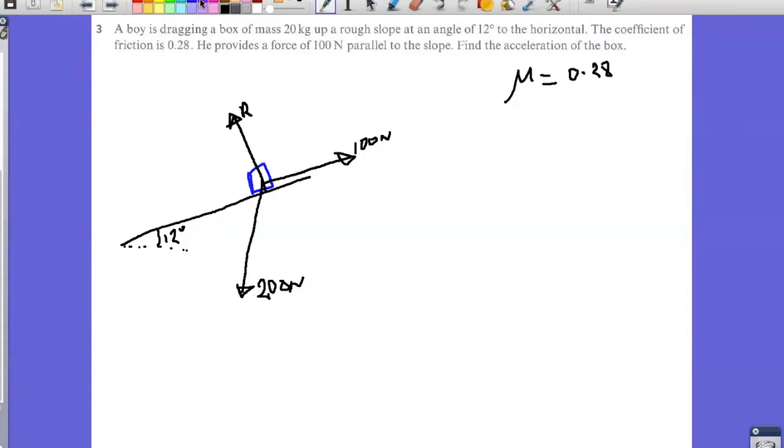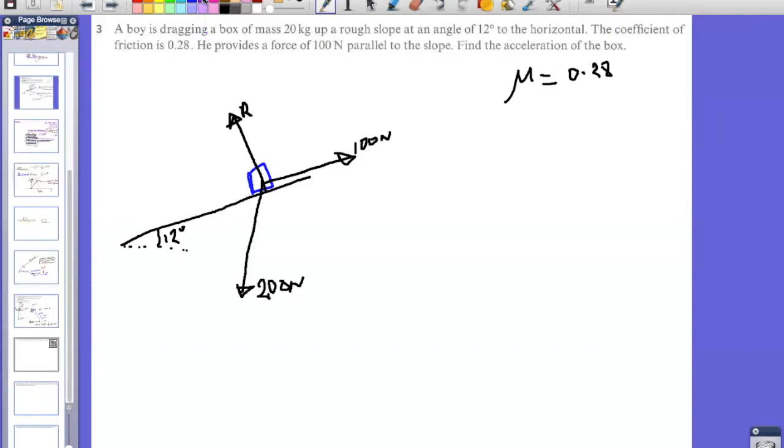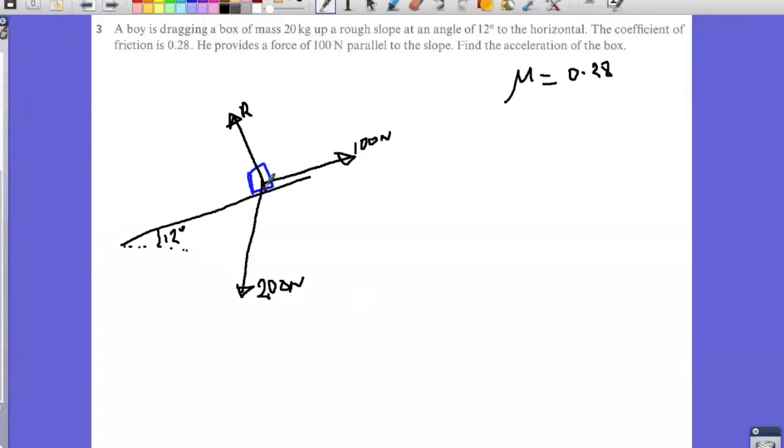So we have to resolve forces. The weight perpendicular will give us 200 cos 12. And this way it will give us 200 sine 12.